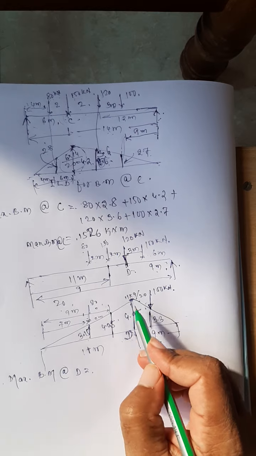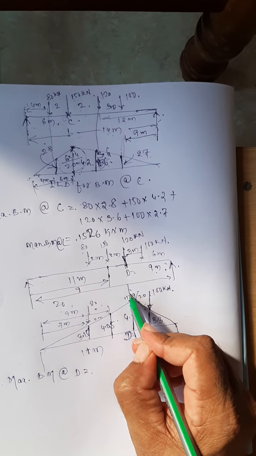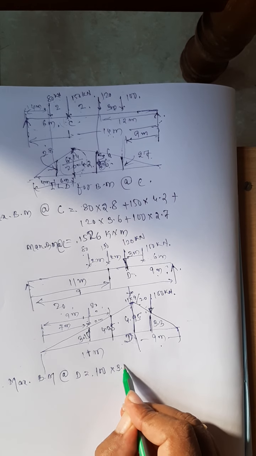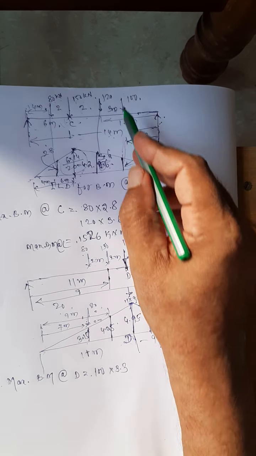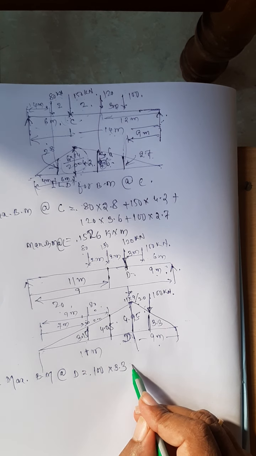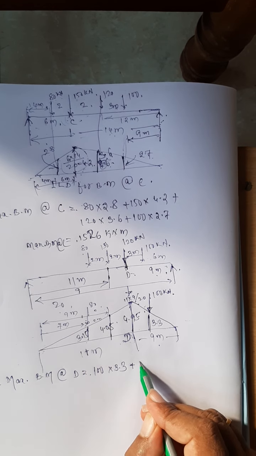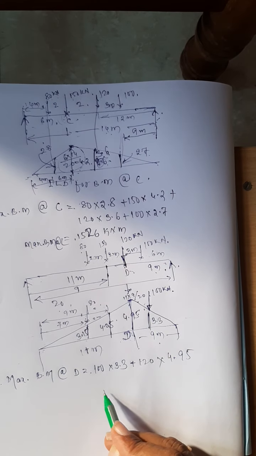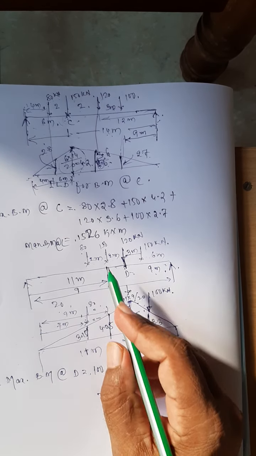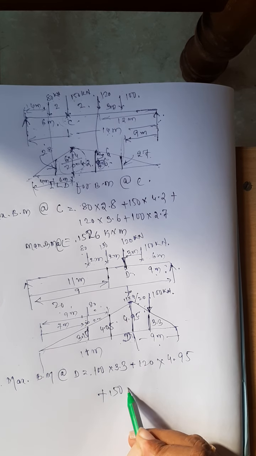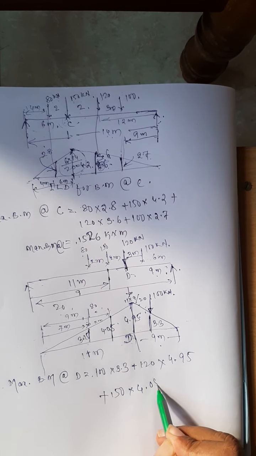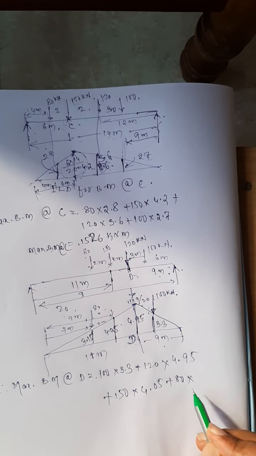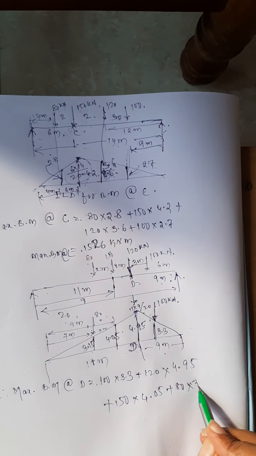First you calculate each load. One is 100 kilonewton, 100 multiplied by 3.3. Next 120 multiplied by 4.95, plus this load 150 into 4.05, plus 80 into 3.15.